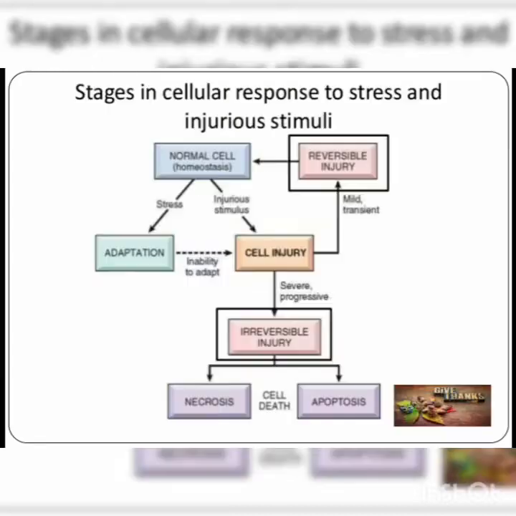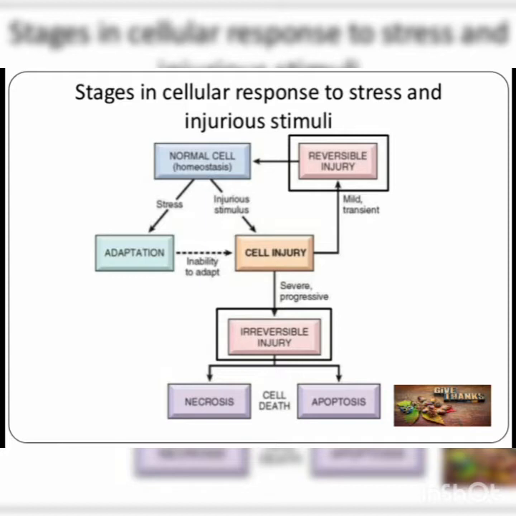Now, as in this chart, you can see, as the cell encounters physiologic stress or pathological stimuli, it undergoes adaptation and then it achieves a new steady state in order to preserve its essential functions. But if the adaptive capability of the cell is exceeded, or if the external stress is persistent, harmful cell injury develops.